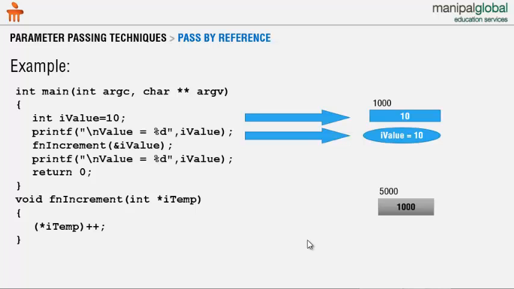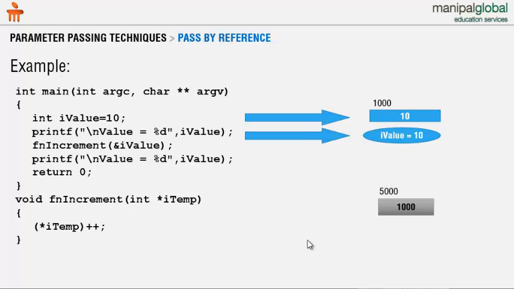Now, see, the value of i value is still 10. We've not made any change. But now we are referring to the address in the called function, which is fn increment. With star itemp plus plus, what we're trying to achieve is star itemp equals star itemp plus 1. Ampersand is the address operator, and star is the content operator.